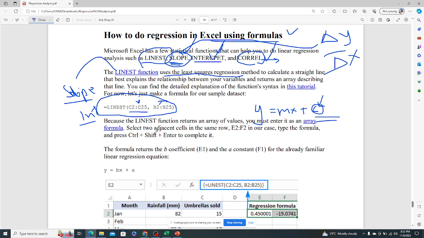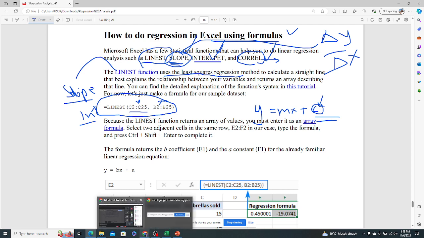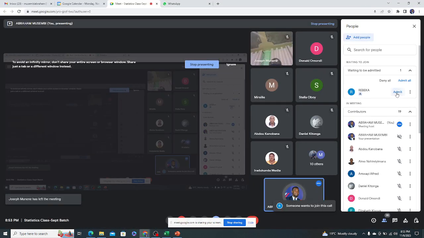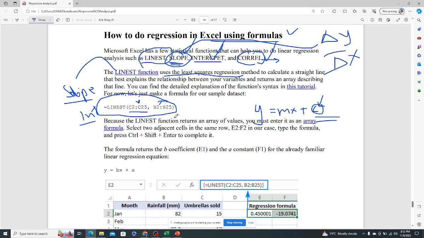The formula will give us a guideline on how to get the value of the slope and the intercept. Because the LINEST function returns an array of values, you must enter it as an array formula. We shall see that.